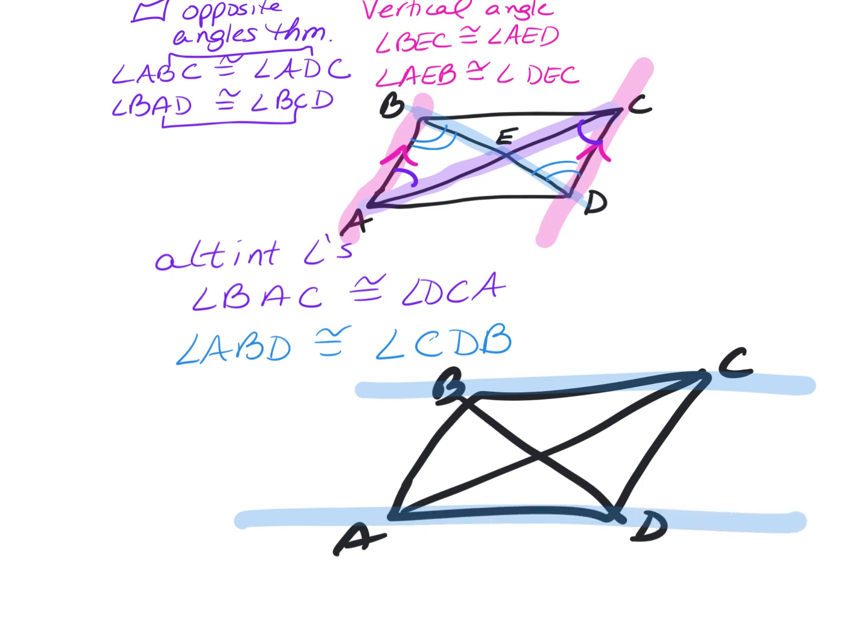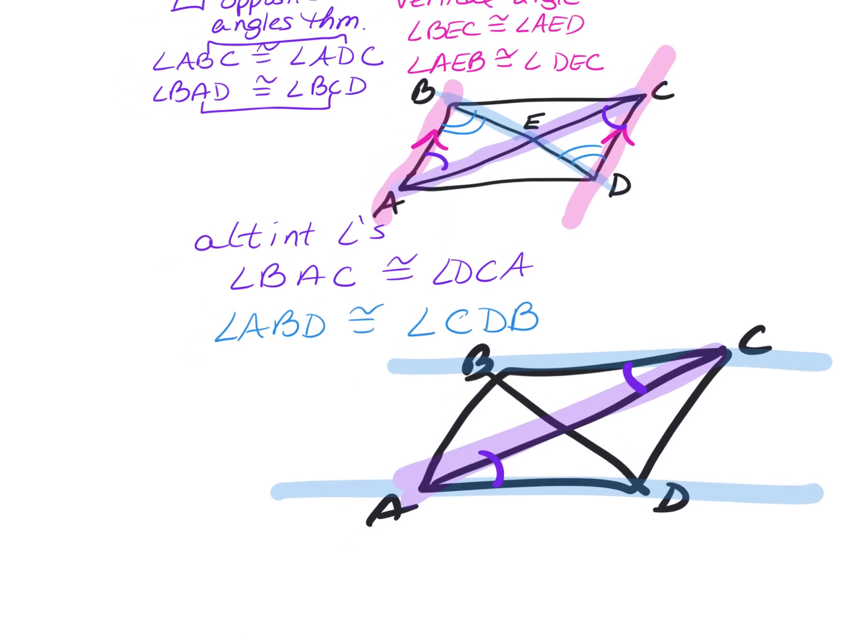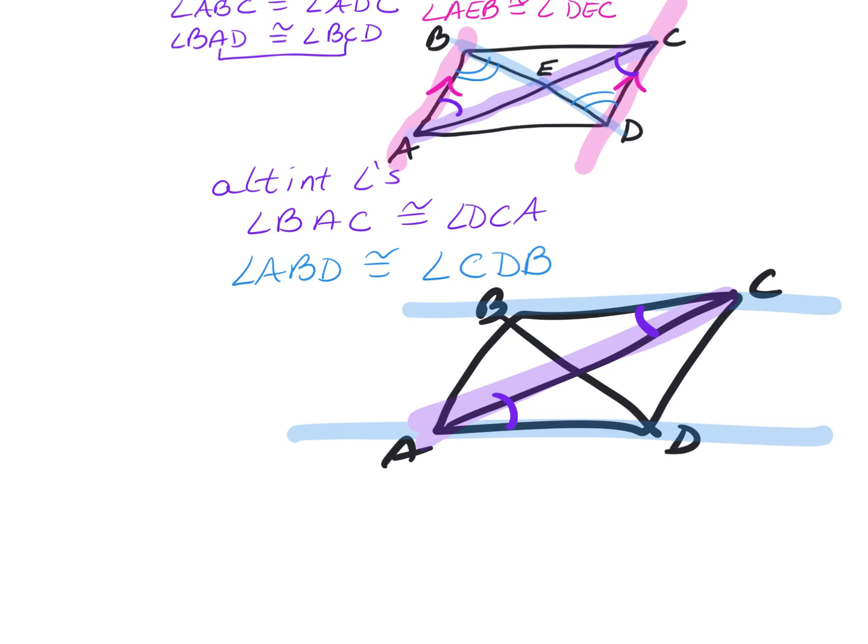And again, same transversals. So I got AC as a transversal, but now that's creating this angle congruent to this one. And again, you have to name these with 3 letters. So angle BCA is congruent to angle DAC.